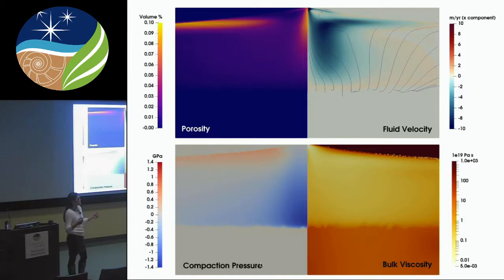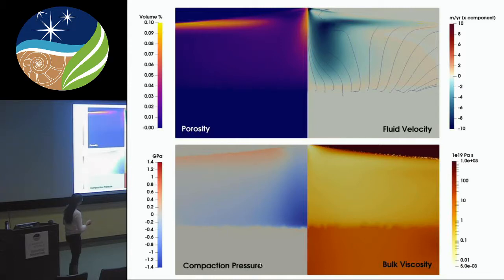But what moves it horizontally, focusing it towards the ridge axis, is two other pressure gradients: the dynamic pressure gradient, which you have when two plates are pulling apart, and also compaction pressure, which is the compaction and decompaction of the solid mantle, scaled by the bulk viscosity, which is the resistance to this compaction and decompaction. So you can see here that compaction pressure is pretty negative, so it's sucking melt towards the ridge axis.